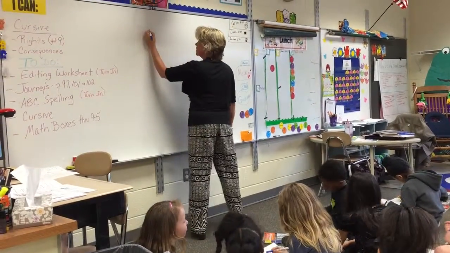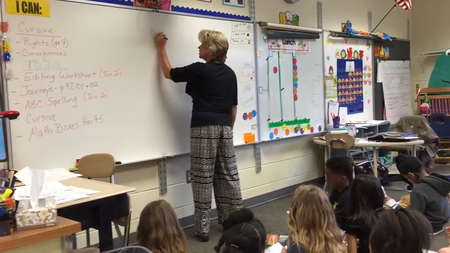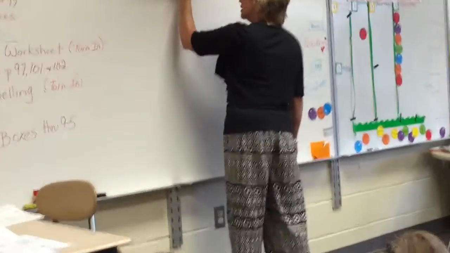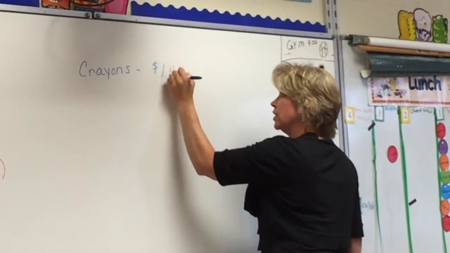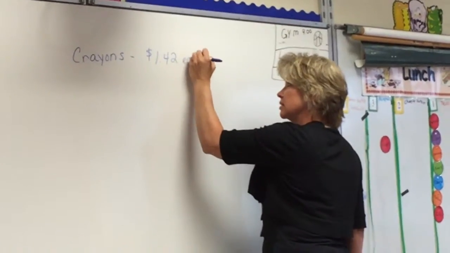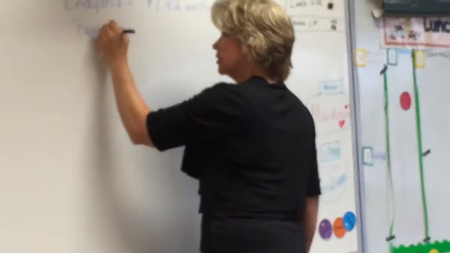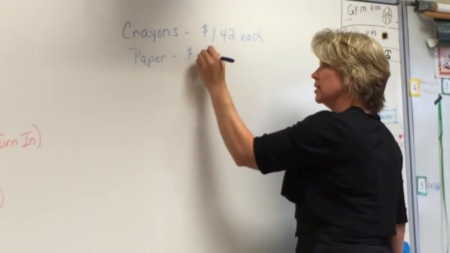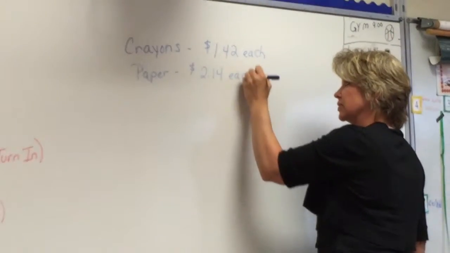So first thing we're going to say is we have crayons that cost $1.42 each. And I have paper that costs $2.14 each.